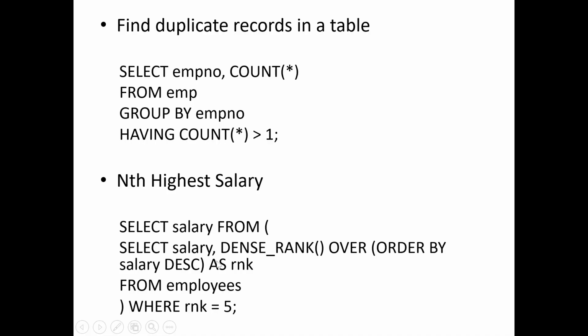So the subquery will retrieve all the salaries in descending order. In the outer query, we are filtering only rank 5 records. Many records may be listed because we are using the DENSE_RANK analytical function here.